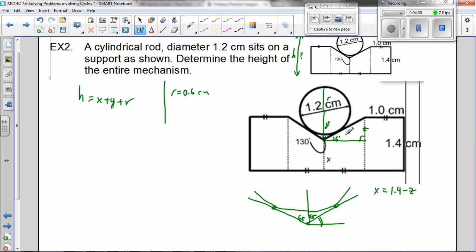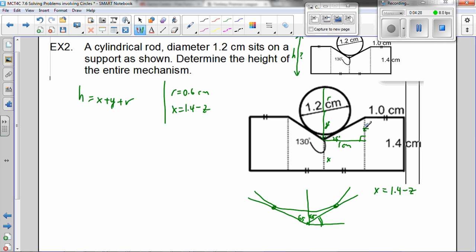And I'm going to find Z using trigonometry, because this opposite side is Z, and the adjacent side is 1 centimeter. This is 1 centimeter right here. So in finding Z, I can find this first piece, X. So over here, I'm going to write X equals 1.4 minus Z, and I'm going to find Z over here.